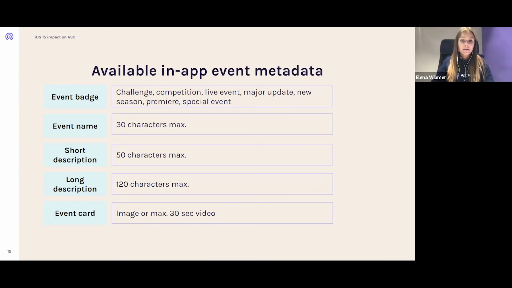This means that the information on the event card, such as the event name and the short description as mentioned, will probably be indexable and provide app marketers with a whole new way of increasing apps' visibility by targeting core keywords or adding new ones.